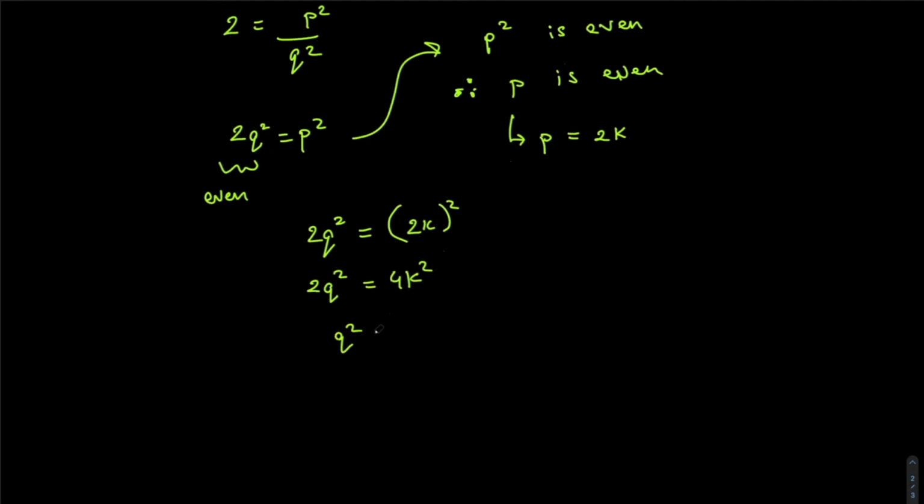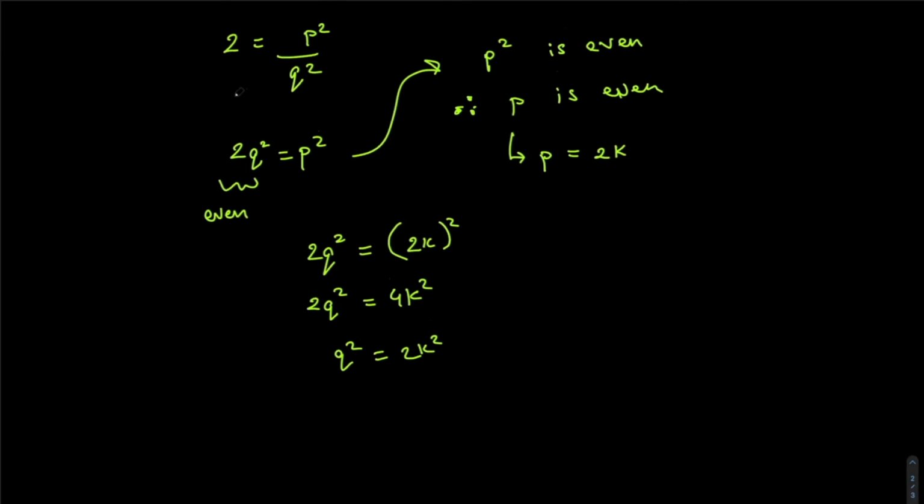Then q squared is equal to 2k squared. It's quite similar. We're coming back to the same original situation that we had here. So this is even, for the same reason. Therefore, q squared is even. Therefore, q is even.